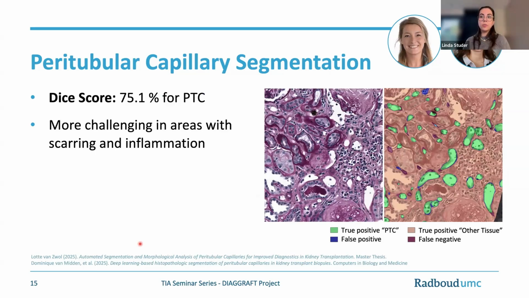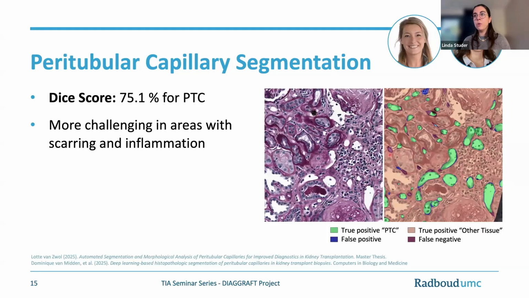It still does remain quite a challenging task, especially in areas with scarring and inflammation, because when they get severely inflamed, they dilate. So we have a really high variety in sizes, which seems to be quite hard for the network to deal with. But generally, we can see that most of them get recognized more or less correctly.